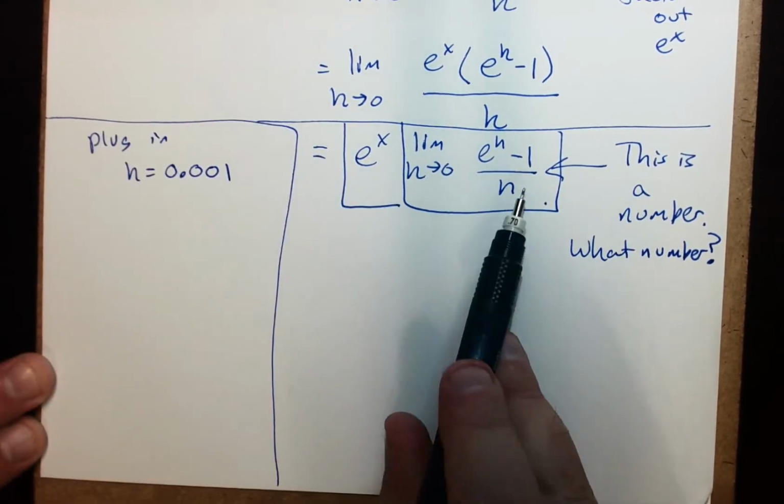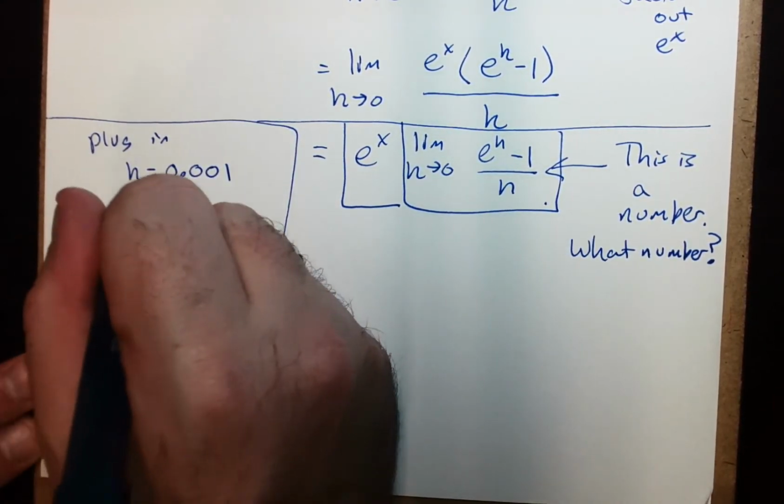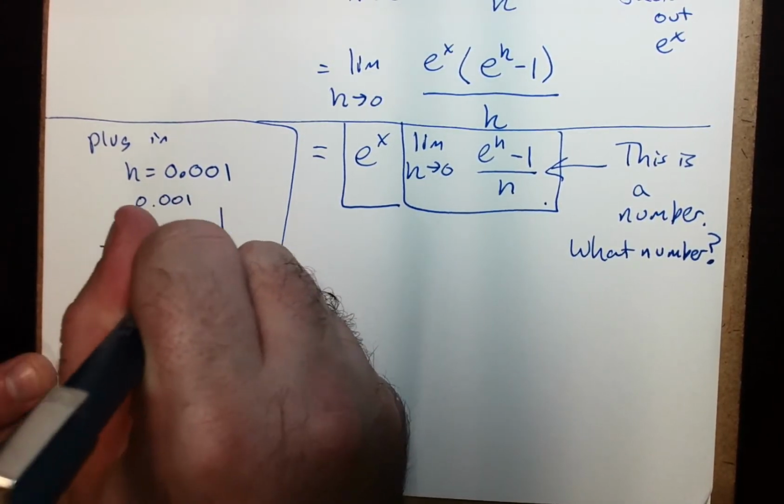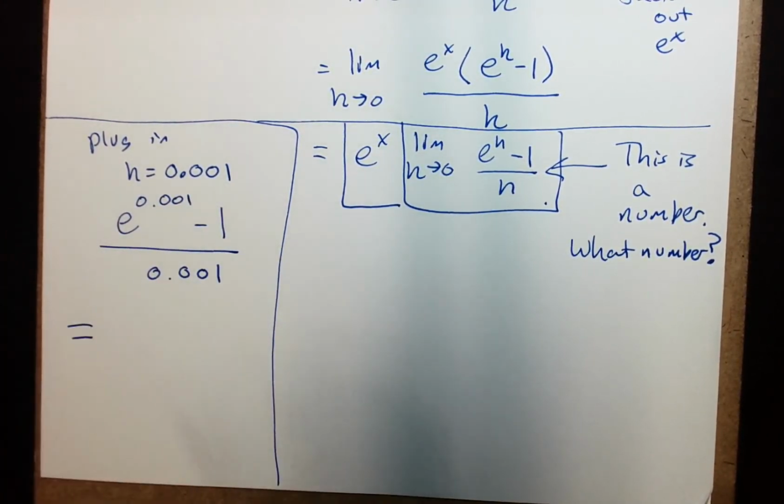Now, like I said, we don't know what it is, so we'll have to figure out how to do it. We're taking the limit as h goes to 0 though, right? So if you wanted to approximate it, you could plug in a number that was close to 0 in here for h, and you can just see what it is. So just off to the side here, I'm just going to plug in h equals, let's say, 0.001 into this.